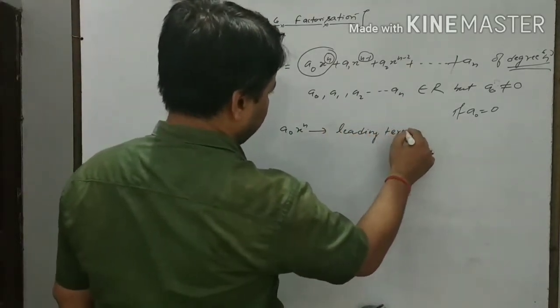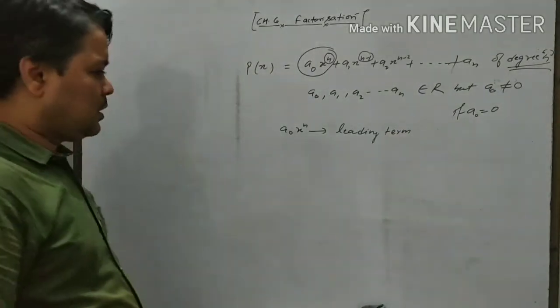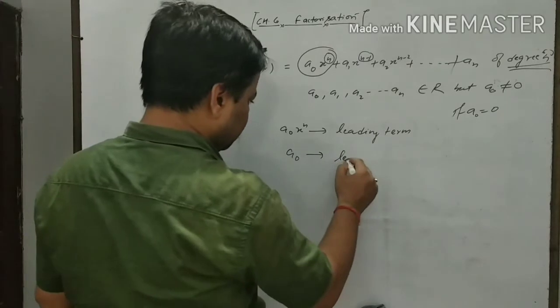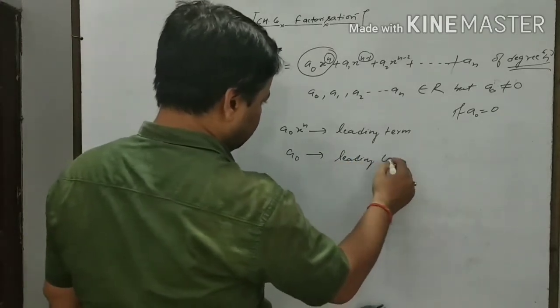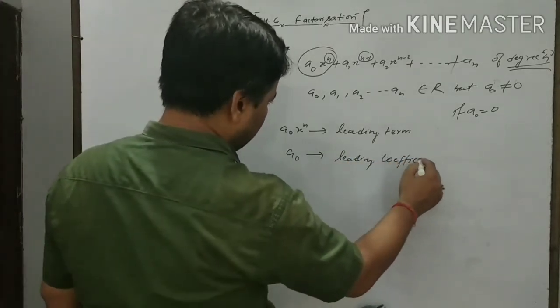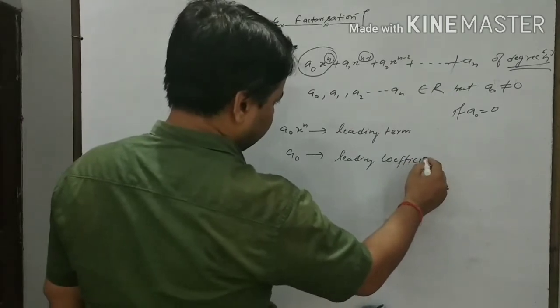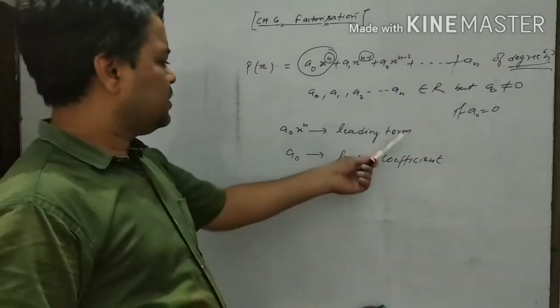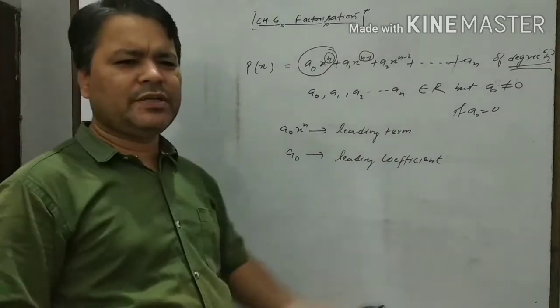Leading term. Okay. And here a0 is called the leading coefficient. Leading coefficient. So here leading term and leading coefficient.